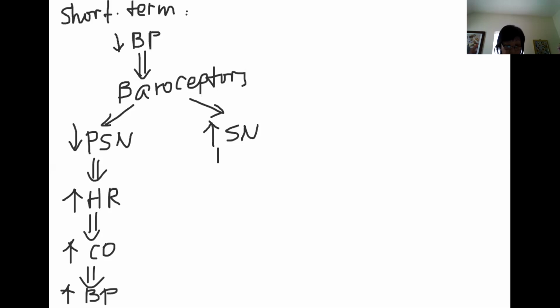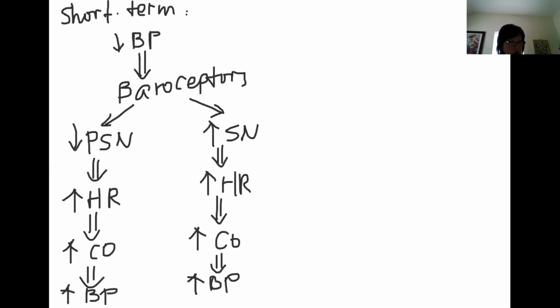So this increased sympathetic, definitely increase heart rate, increase output, increase pressure. But activating sympathetic nerves also changes not only the heart rate, but also the contractility.